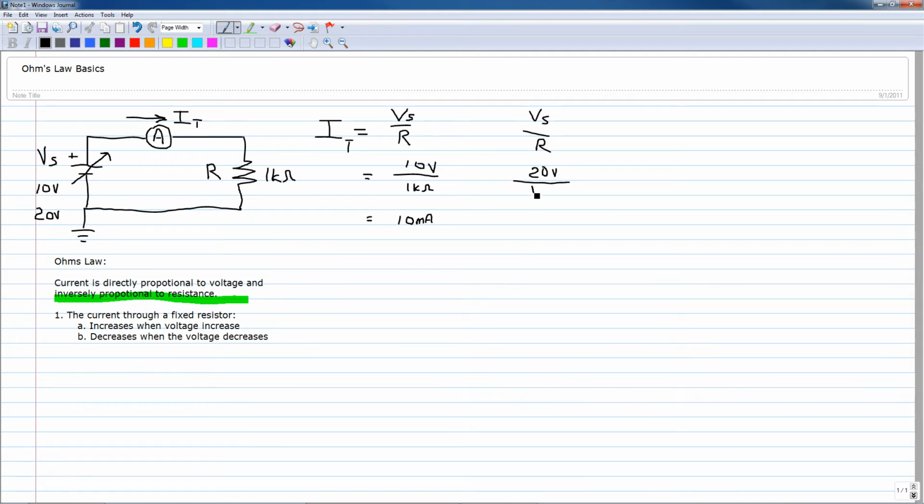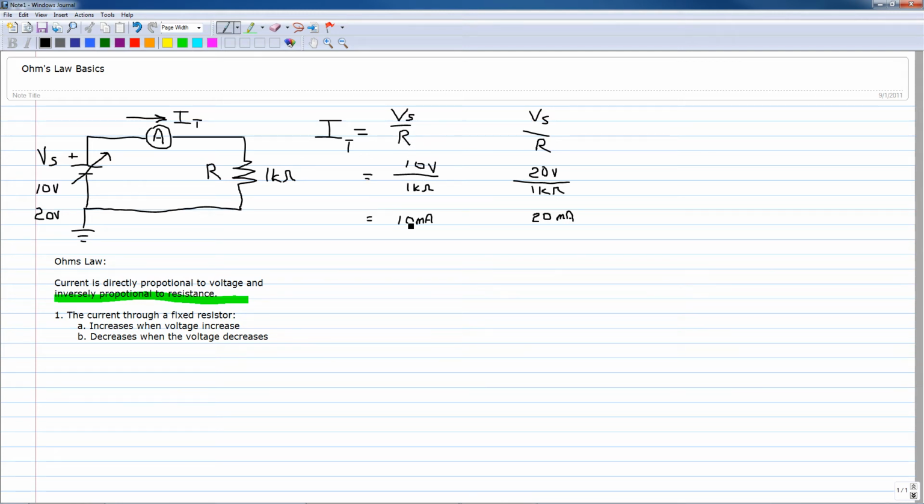We haven't changed that resistance value. Substituting that into our calculator, we get 20 milliamps.